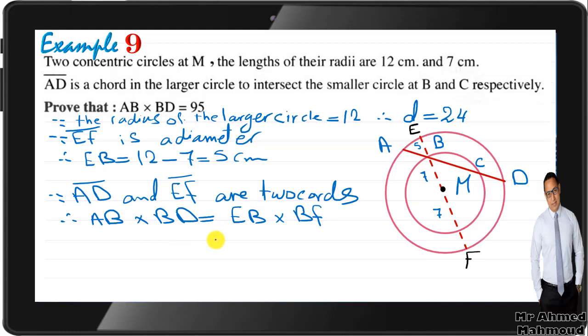So AB times BD equals 5 times BF. BF equals the diameter minus 5. Okay, 24 minus 5 equals 19. So it equals 5 times 19 equals 95. And this is the required.